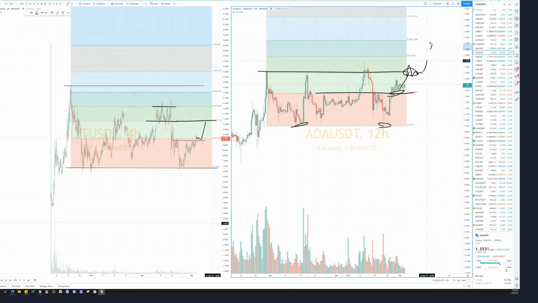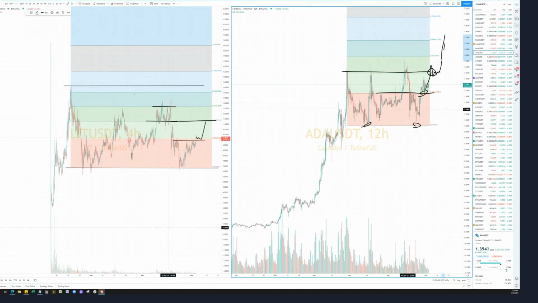And then I think ADA's going to make the move. I don't think this is a top formation. If this was to come down, ADA's going to maybe do a third top, third bottom. Yeah, we'll do a third bottom, but I think ADA's going to go up first.